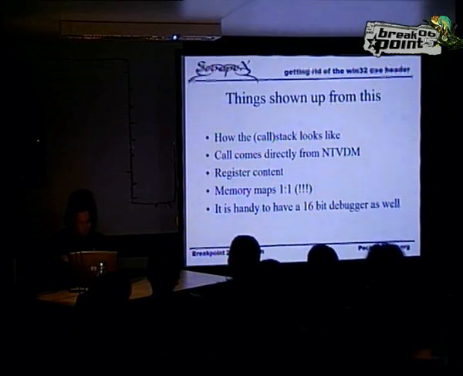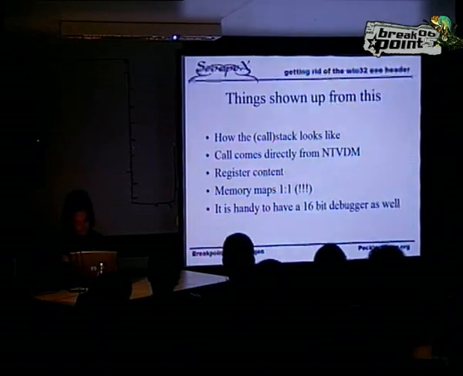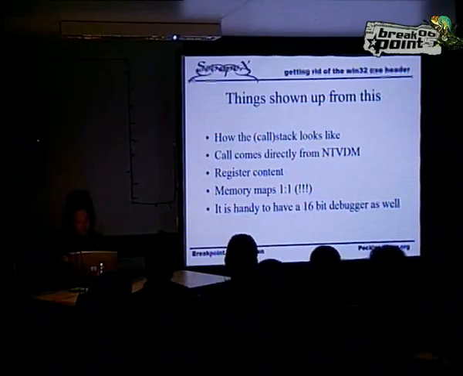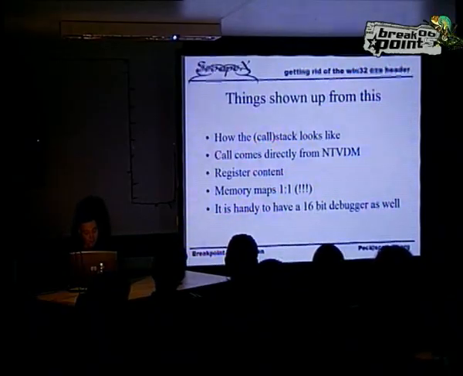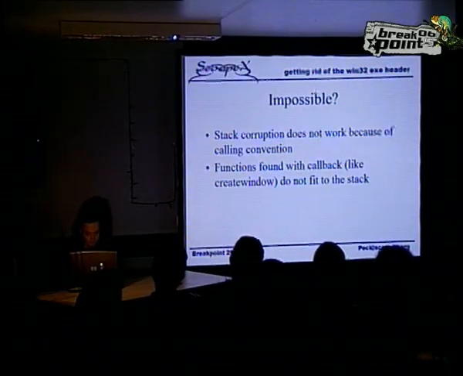So that makes the hack even work basically. And yeah, one additional thing I found out is that it is handy to have a 16-bit debugger. I would even say it's necessary to find things out and also to use this.